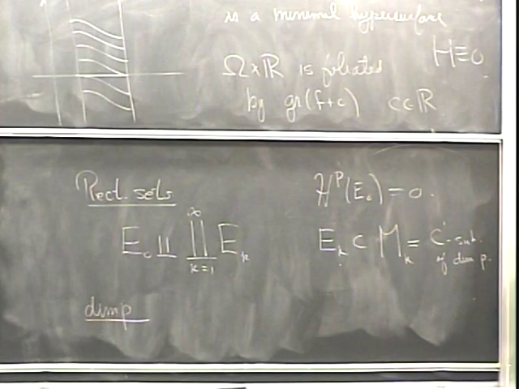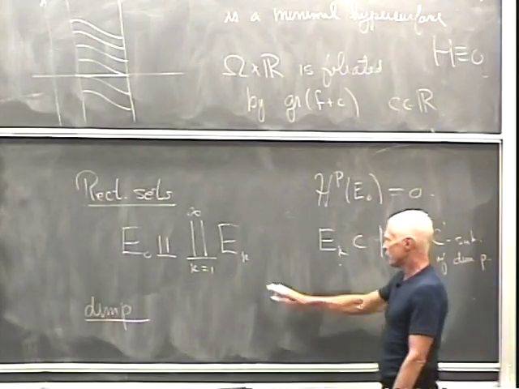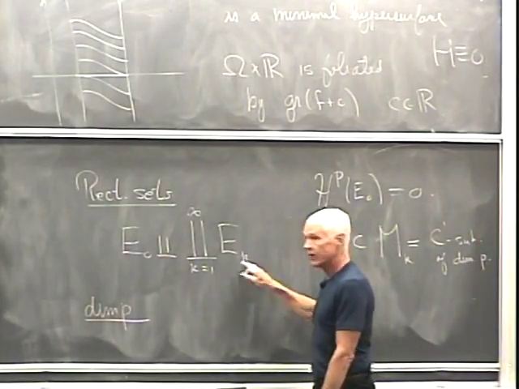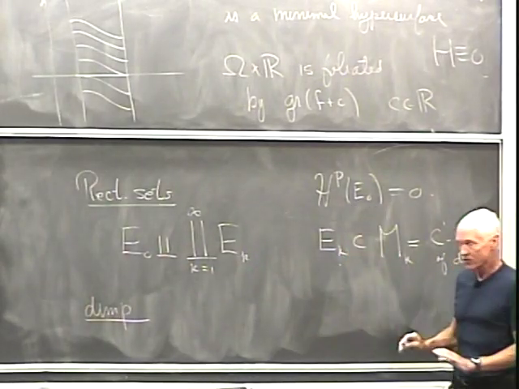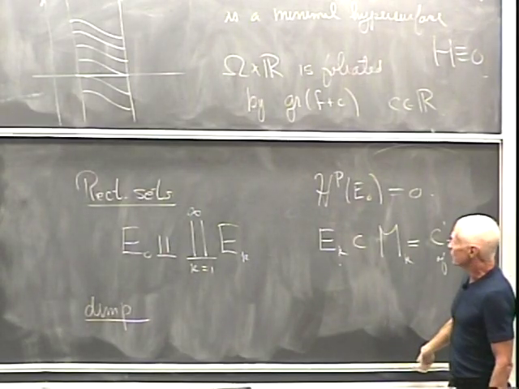Here I'm always going to assume that the whole set has finite Hausdorff measure. Okay, and this makes sense on any Riemannian manifold.